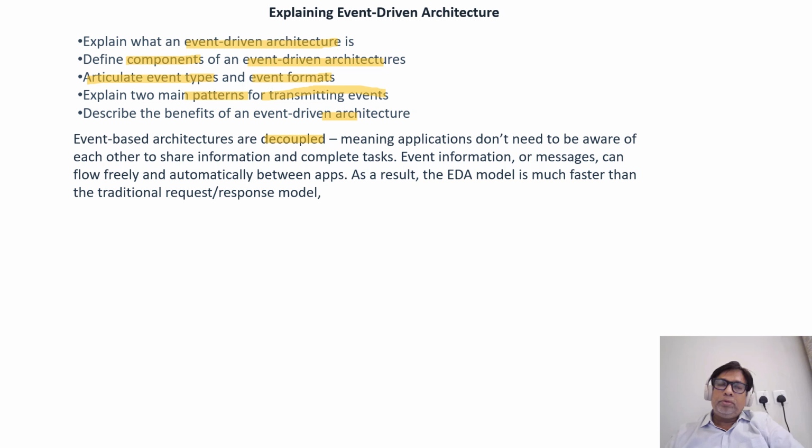The sender does not need to know the receiver, the receiver does not need to know the sender, and applications do not need to be aware of each other. That is one advantage here, and they complete the task. Information and messages move freely and automatically between the apps. EDA is a much faster model than the traditional request and response model.